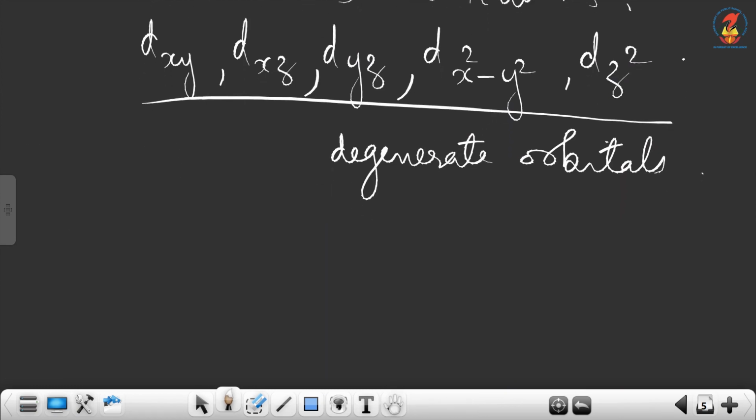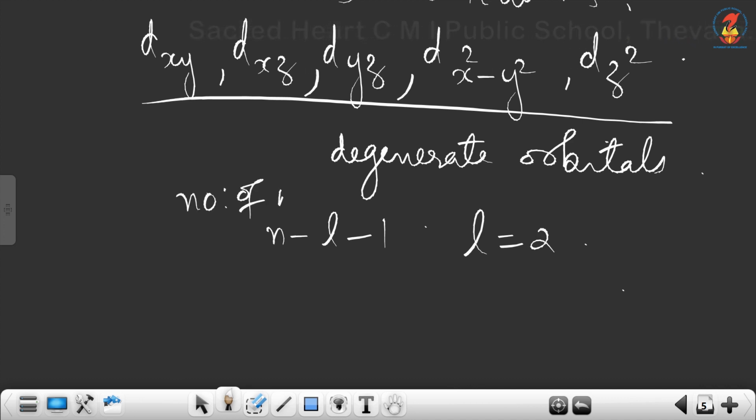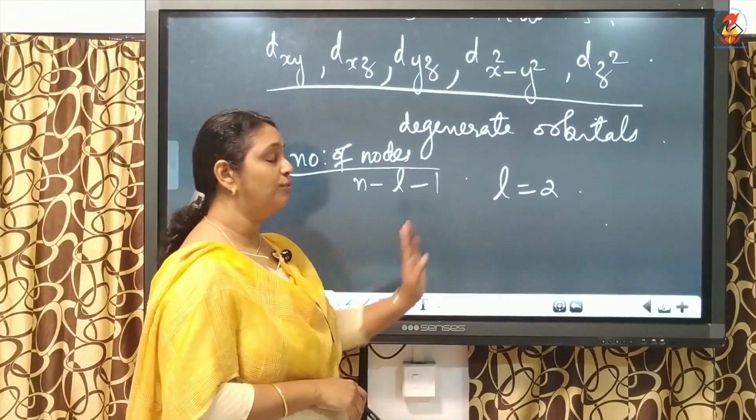And the number of nodes in a d orbital is n minus l minus 1, and l is equal to 2 for d orbitals.